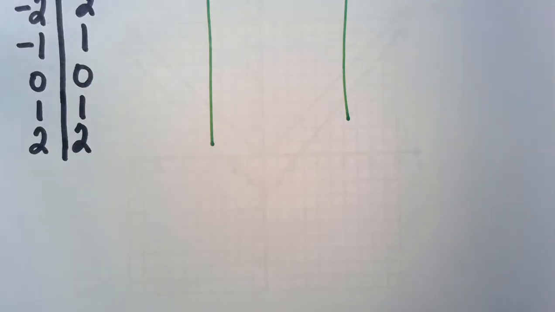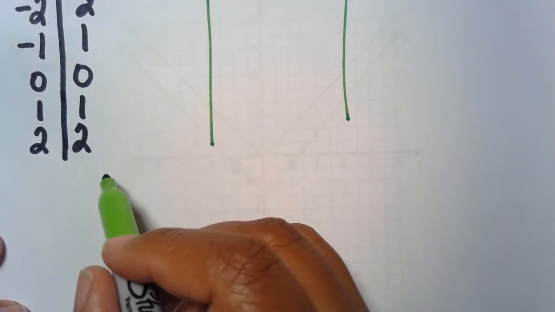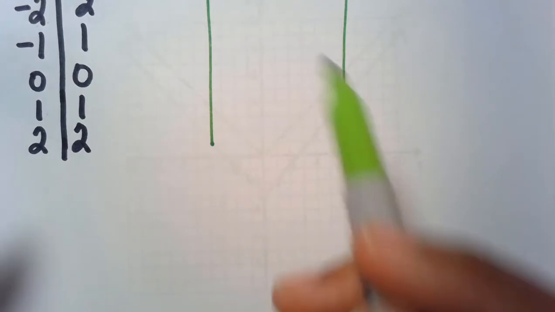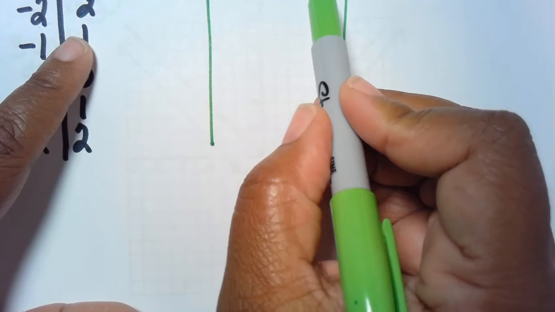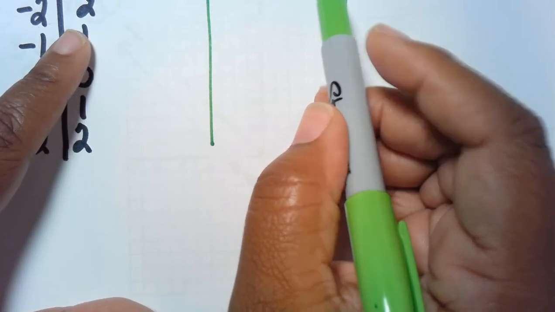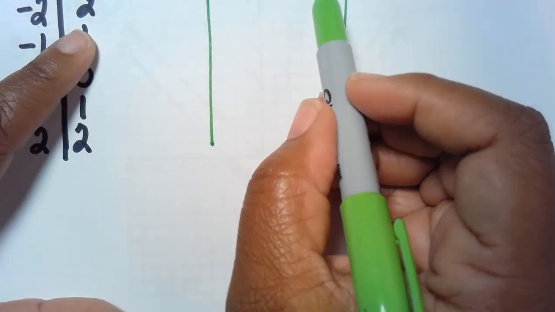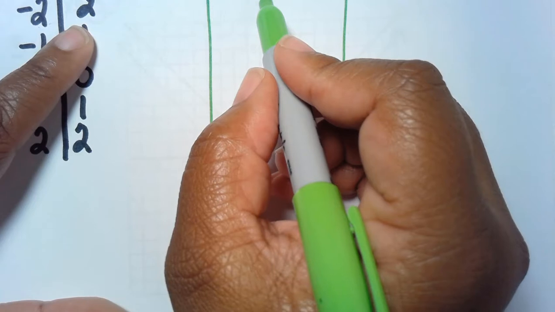What I want you to understand is what is moving will be the y coordinate. What you would do here is take this 2, since we are subtracting 3 units down, that means we're moving along the y-axis. So our y coordinate would change.